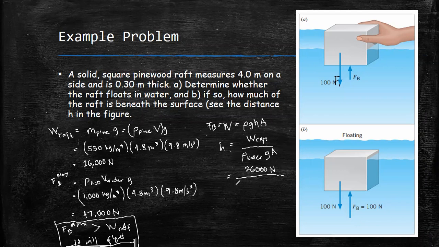So the density of water is equal to 1,000 kilogram per cubic meter, and the gravitational acceleration of 9.8 meter per second squared times the area, which is 16 square meter.